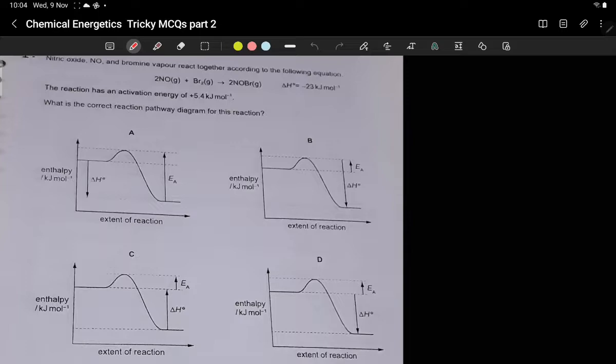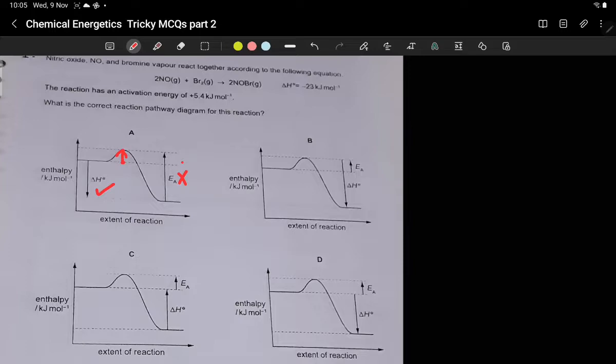Now identify the errors in the diagrams. This is labeled activation energy, and this is wrong, because for this reaction the activation energy is this. So that's why this is correct. Incorrect option: enthalpy change is correct, but activation energy is incorrect.